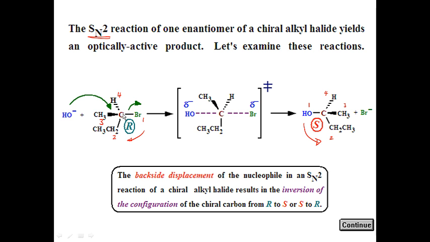But they saw inversion of configuration from R to S and from S to R. So this was sort of the final piece of information that proved that SN2 was a backside attack of that alkyl halide.